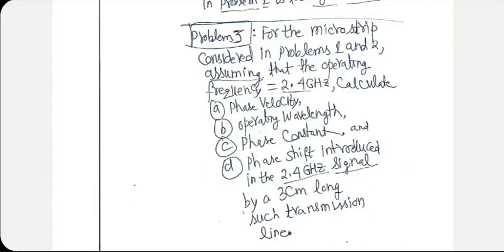Operating wavelength will be phase velocity divided by frequency of operation, which is 2.4 gigahertz. Phase constant will be, you can either use Vp equal to omega by beta or some other method. We'll see in a minute. And once you get phase constant, you multiply it by the length of the line to get the total phase shift. Simple calculations.